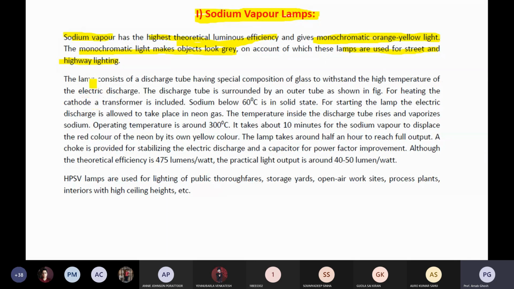This lamp consists of a discharge tube made of a special composition of glass, which withstands the high temperature of the electric discharge. The discharge tube is surrounded by an outer tube, as shown in the figure.